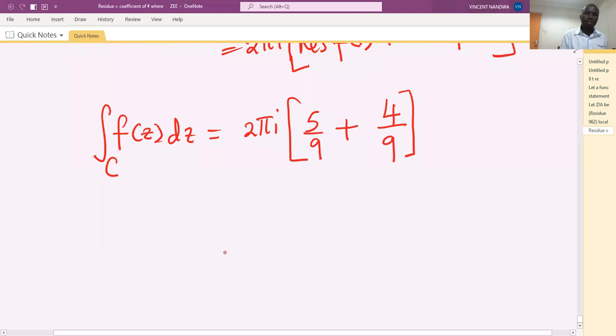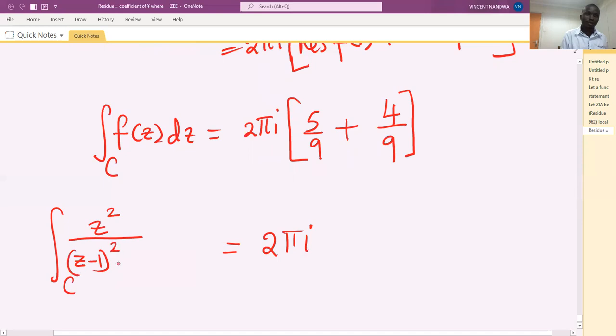So this gives us 2 pi i as the integral along c of the function z squared over z minus 1 squared times z plus 2 dz.